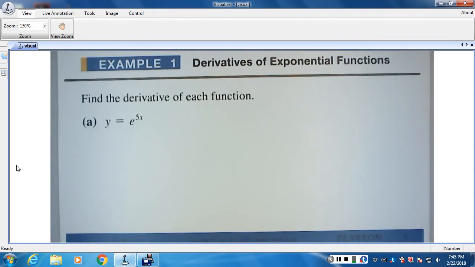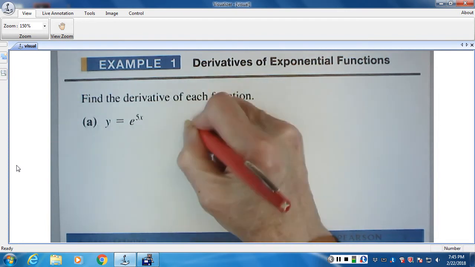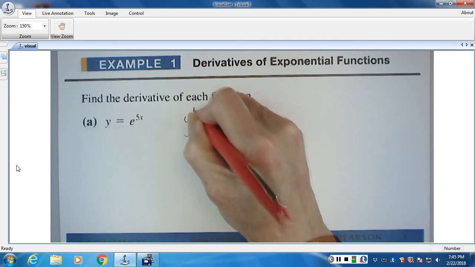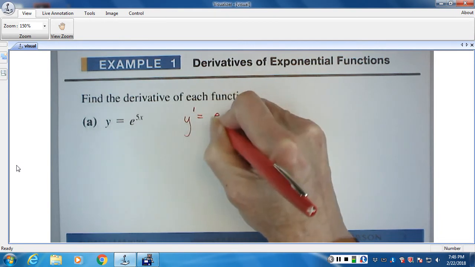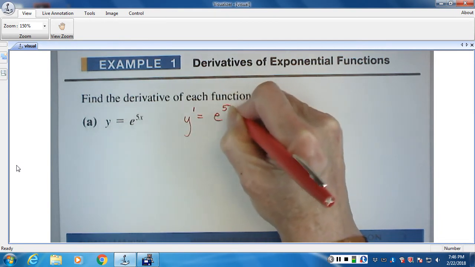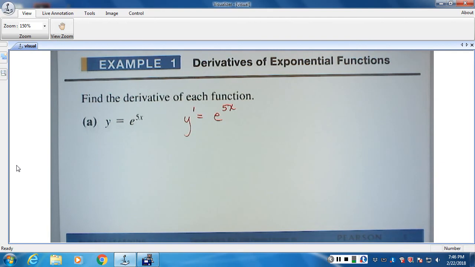Find the derivative of this function. The function is y equals e to the 5x. It follows the pattern of e to the x. So the derivative of e to the 5x starts out by being simply e to the 5x. You always just copy the function right on over.